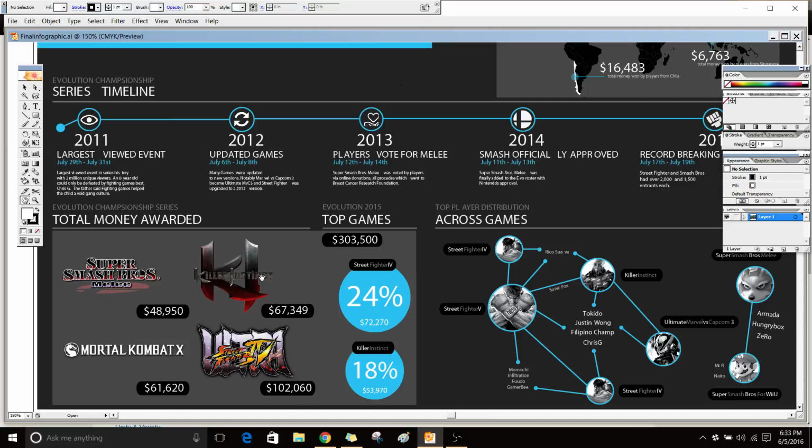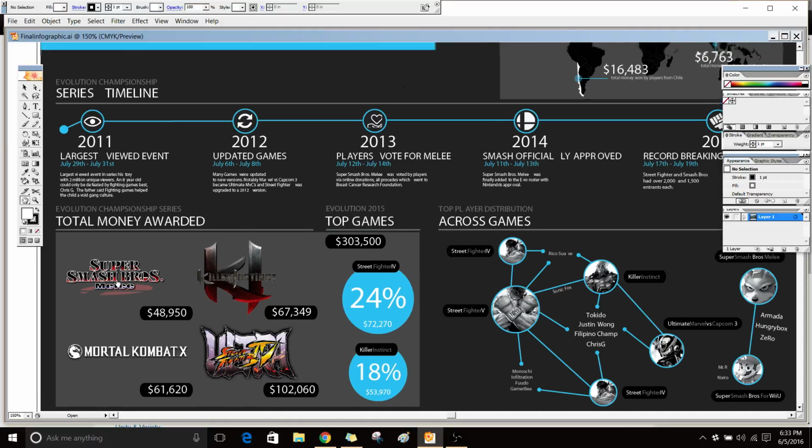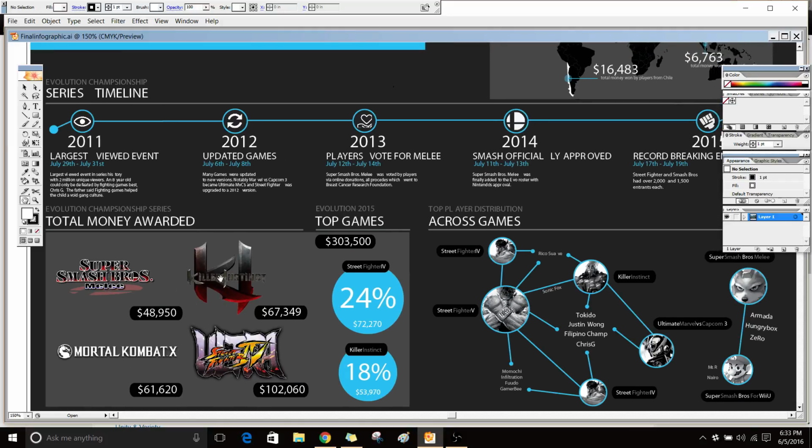And so these appearance elements are used because they're very recognizable. So for the audience that will see this, they can instantly know what this is. But even if you don't, you can just read what game this is, and you can instantly understand that that's how much money this game particularly awarded.